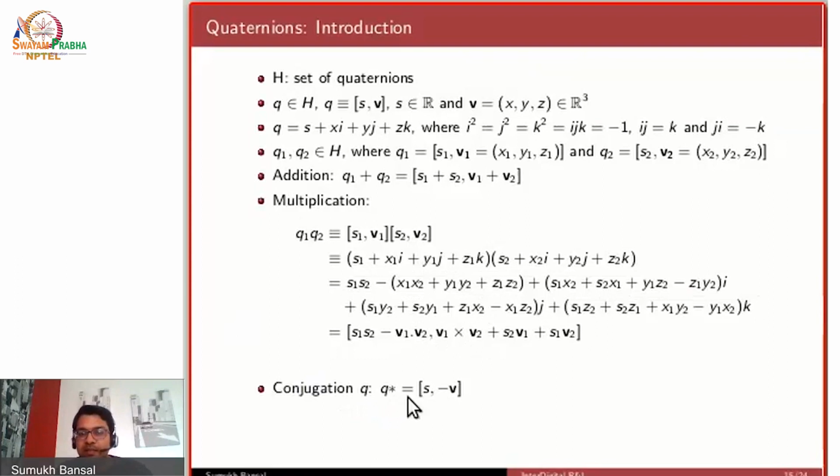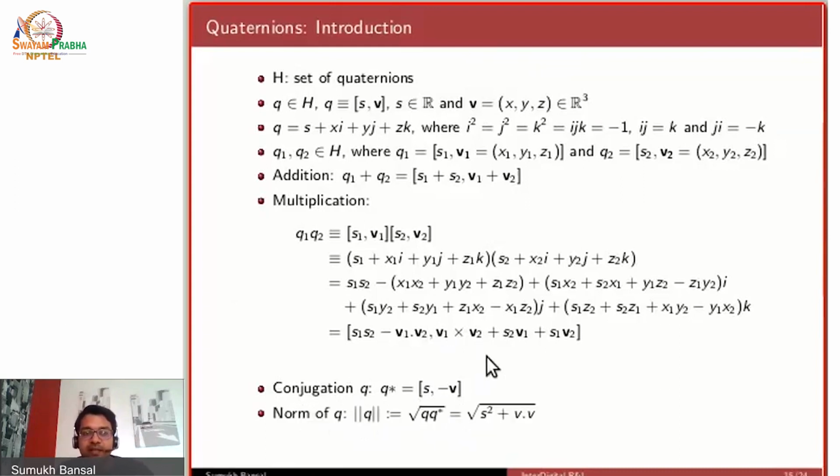So if Q is the quaternion, then the conjugation of quaternion Q is represented by Q star, where the scalar part remains as it is and the vector part is negated. And hopefully, when we see the relation of quaternions with rotations, the physical intuition behind conjugation will make more sense.